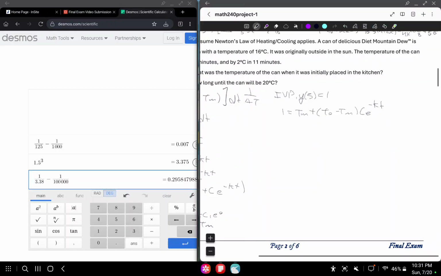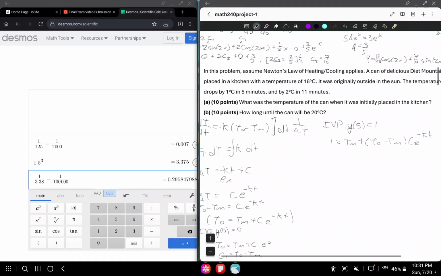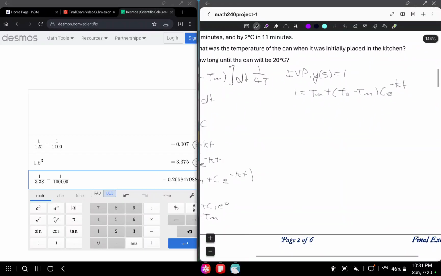What's Tm? Room temperature, placed in the kitchen. Okay, so equalize to room temp, so Tm is 16.